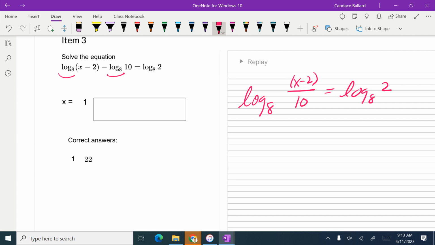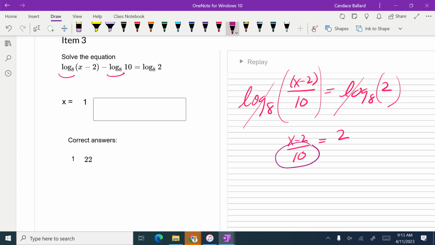Now, this is the property where I've got a log on each side. Those logs can cancel because what's in here and what's in here have to be equivalent. So x minus 2 over 10 equals 2. Now it's Algebra 1, or maybe even 7th or 8th grade math.